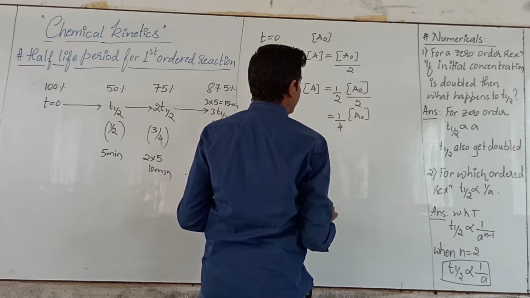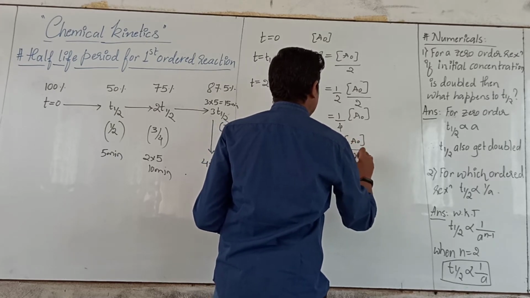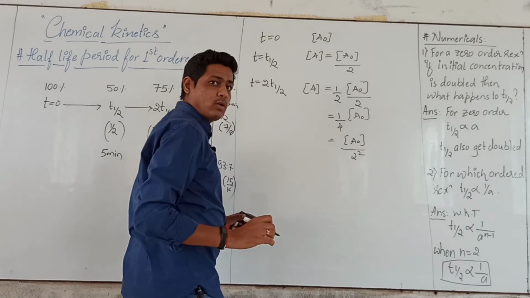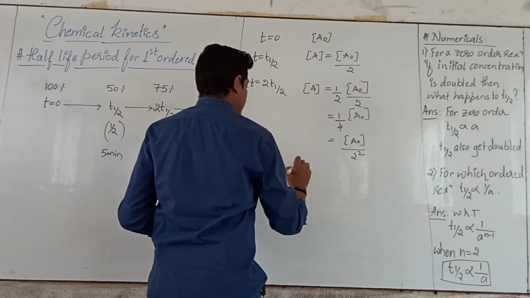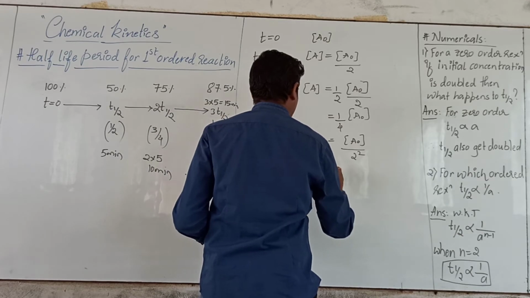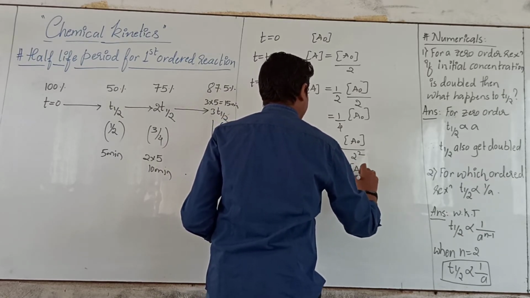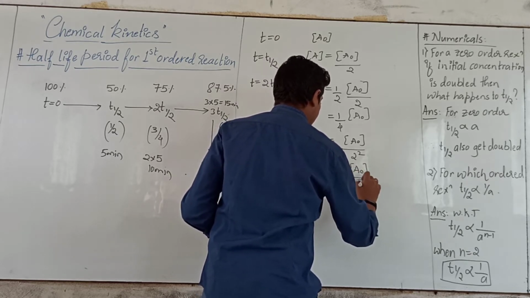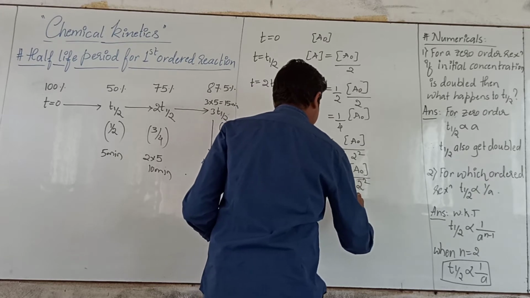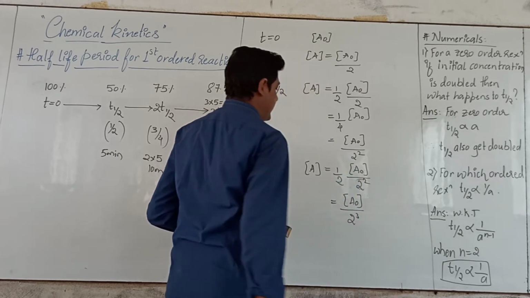I can write this 1/4 as A naught divided by 2 to the power 2. Then when t is equal to 3 half-lives, A is equal to half of A naught divided by 2 squared, which becomes A naught divided by 2 to the power 3.